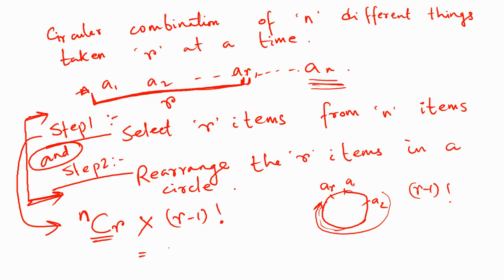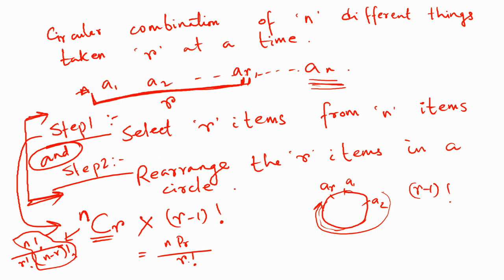So we also know nCr. What is nCr? It is nPr divided by r factorial. I guess you guys can understand why I wrote it. nCr is n factorial divided by r factorial times (n minus r) factorial, right? And n factorial divided by (n minus r) factorial is the nPr formula.